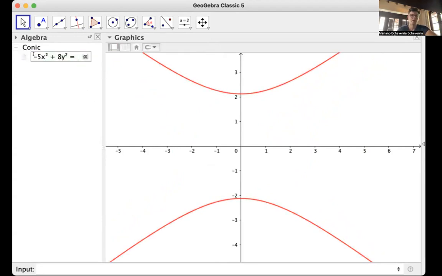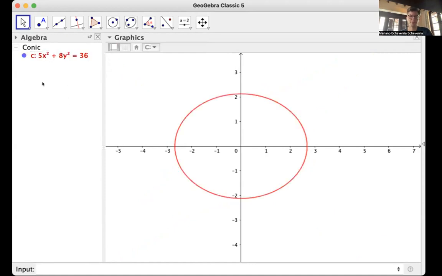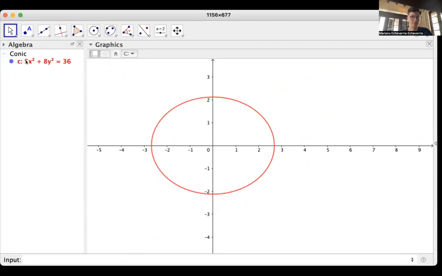Depending on where the negative coefficient is placed, the hyperbola will expand in different directions. Okay, let's go back to the ellipse. Imagine I had given you something like 5x squared plus 8y squared. We already know that that was an ellipse.